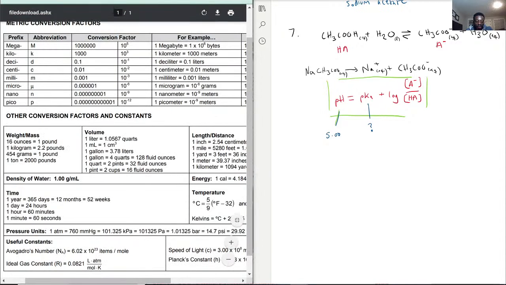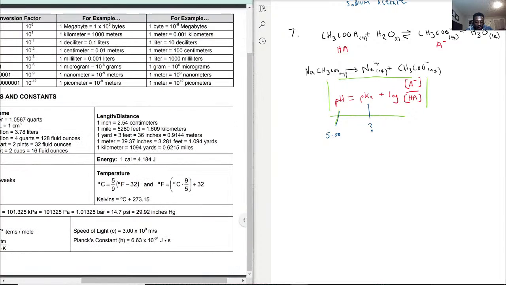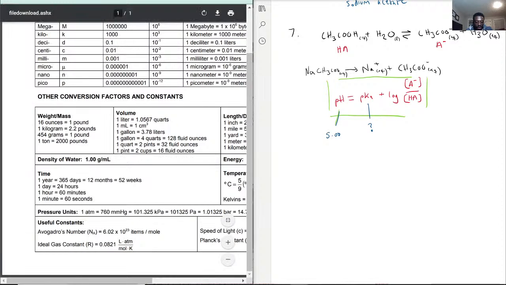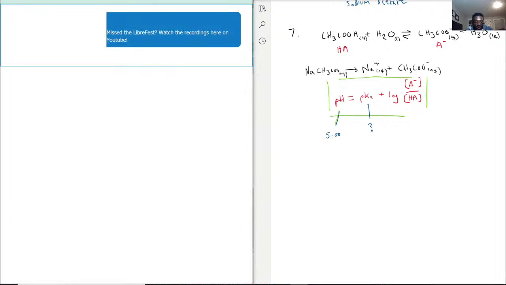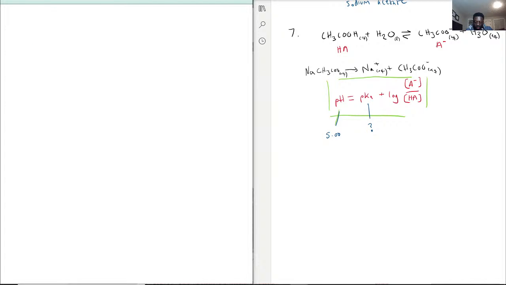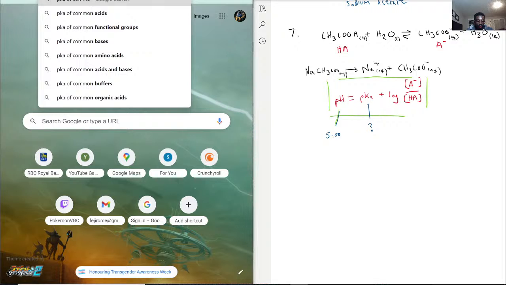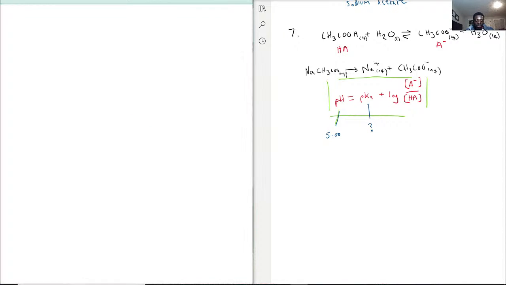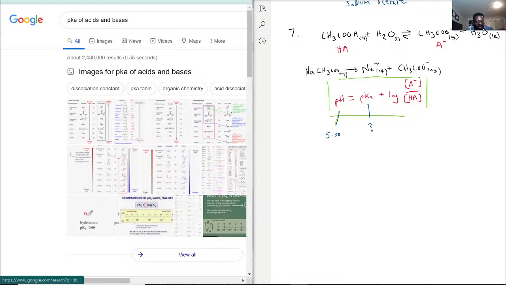I doubt I have that data sheet. In fact, that would be something I'm going to add right now, because depending on the questions as we go on, we would definitely need a document with the pKa of common weak acids and bases.